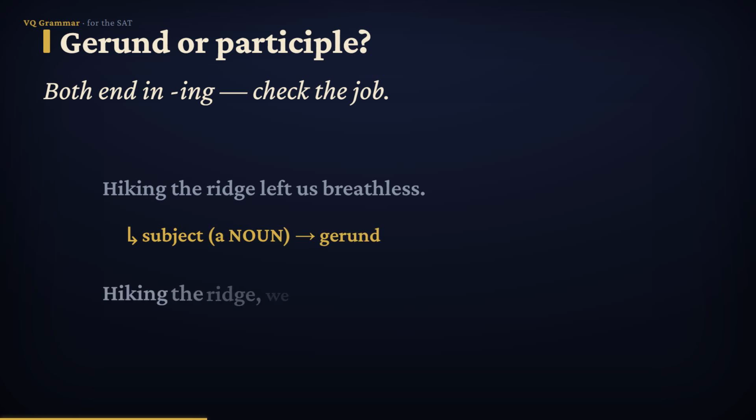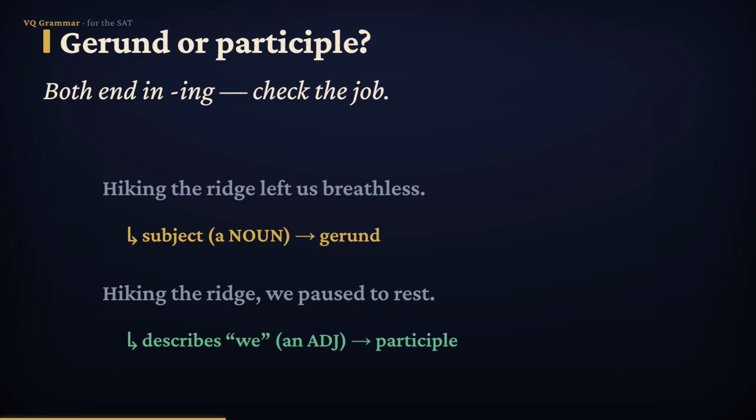But "Hiking the ridge, we paused to rest." Here, the same words describe we, telling which hikers, an adjective's job, so it's a participle. Same ing words, different role. The test: if it acts as a noun, it's a gerund. If it acts as an adjective, it's a participle.